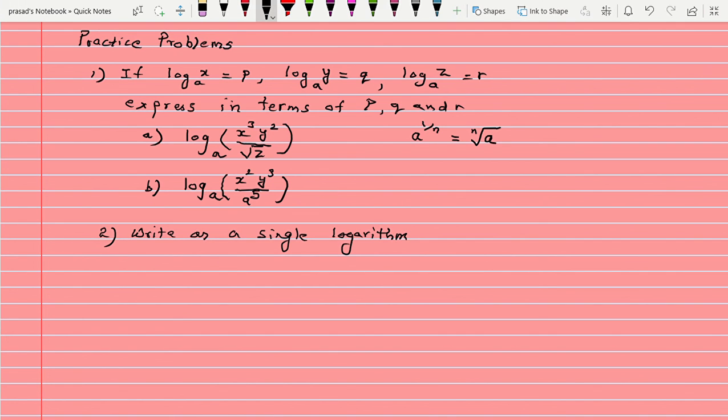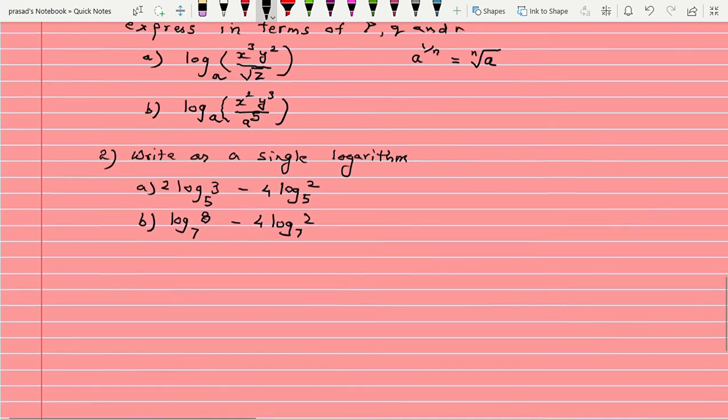Part A, 2 log 3 to base 5 minus 4 log 2 to base 5. And part B, log 8 to base 7 minus 4 log 2 to base 7.